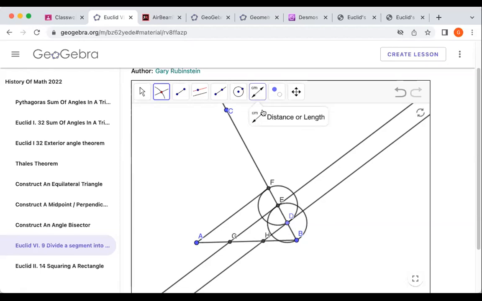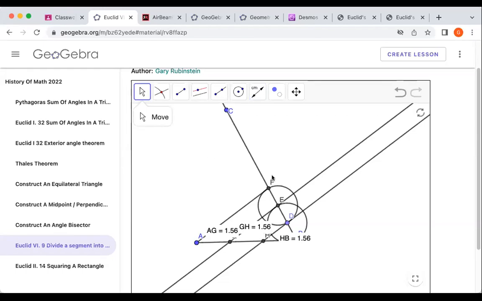And just to check, if I measure this, and I measure this, and I measure this, they all do.